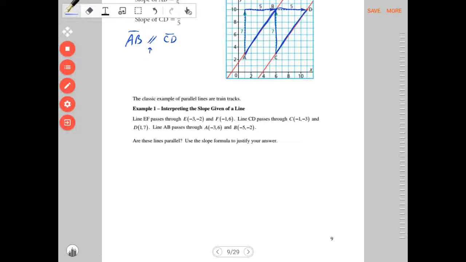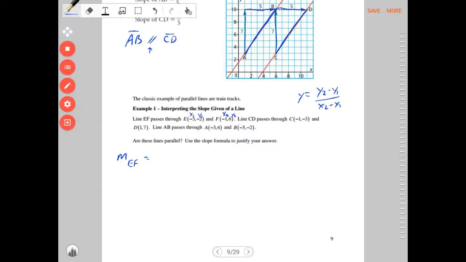So really, all we have to do here is find the slope of all three lines. We do that by going M for slope, so M of EF. Remember the slope formula, and I'll write it up here. It's on your formula sheet: y2 minus y1 over x2 minus x1. Let's call this point x1, y1, and F x2, y2.